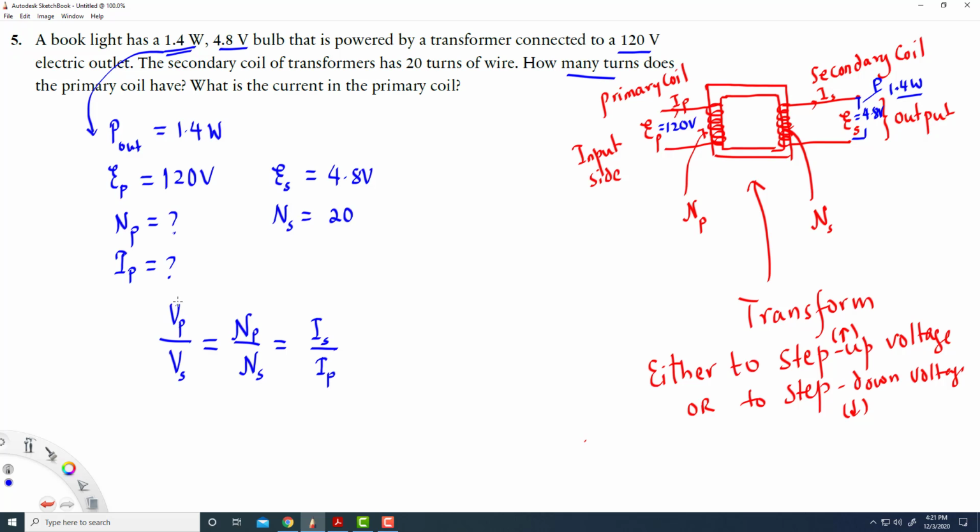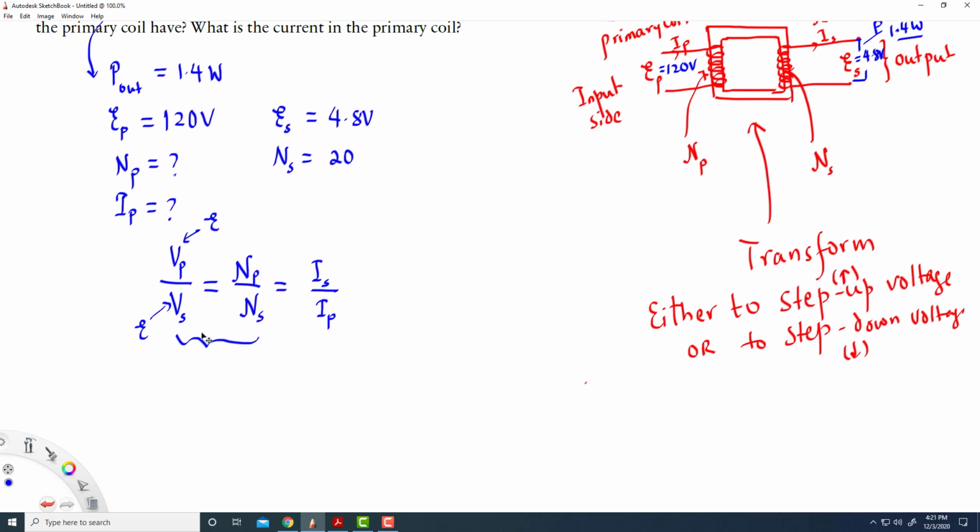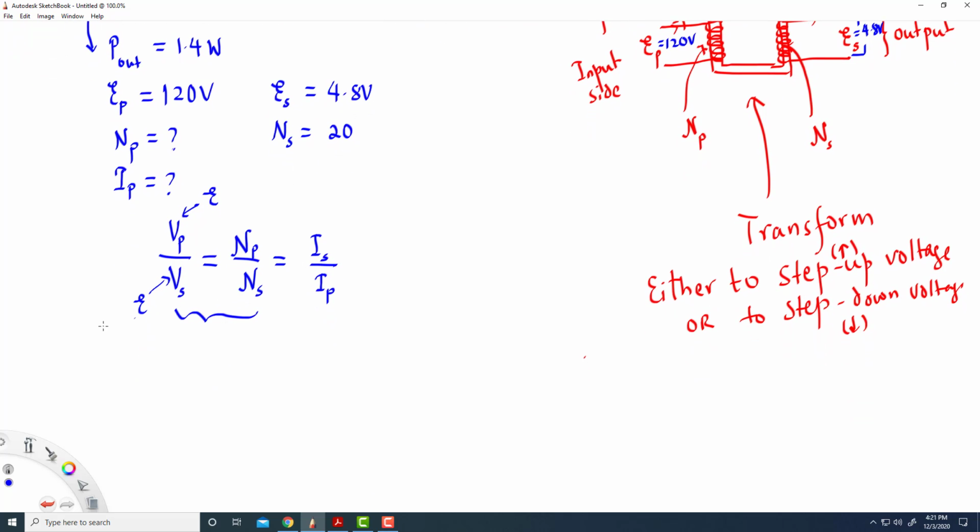Or you can also write E for that, same thing, EMF. So let's use this formula first to find the N primary. So part A, let's use EP over ES equal to NP over NS.